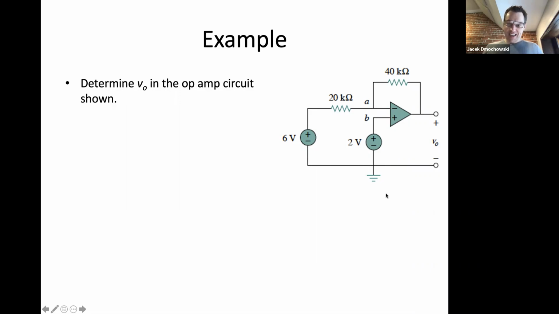All right, unfortunately, we have to go back to talking about op amps, which are of course fabulous. So the question we are faced with now is to determine V naught in this circuit. This circuit is interesting because it has two inputs. It has a 2-volt battery connected to the non-inverting input, and a 6-volt battery connected to the inverting input.